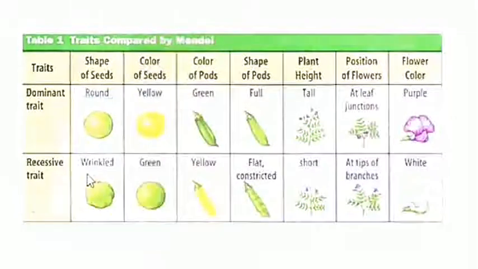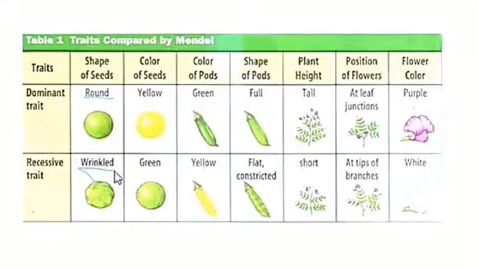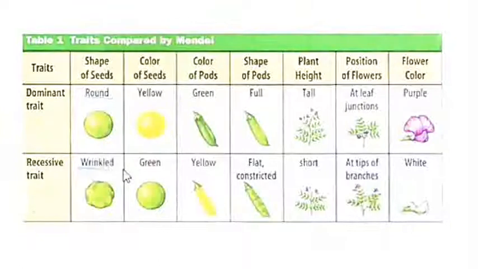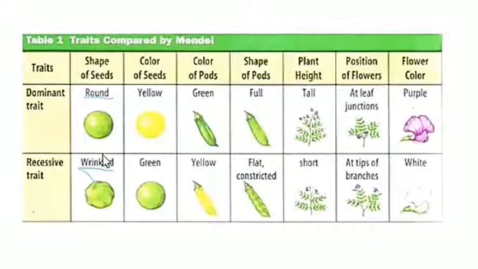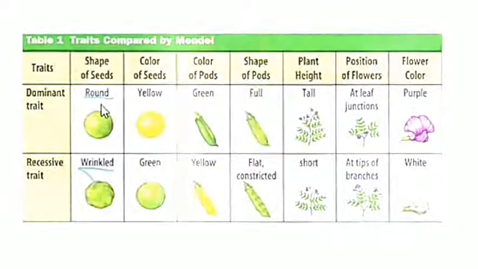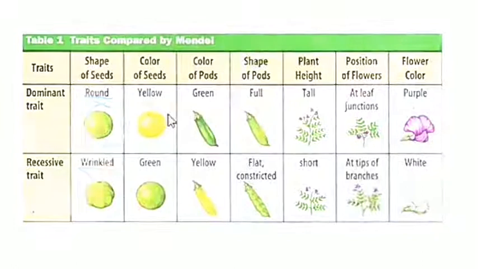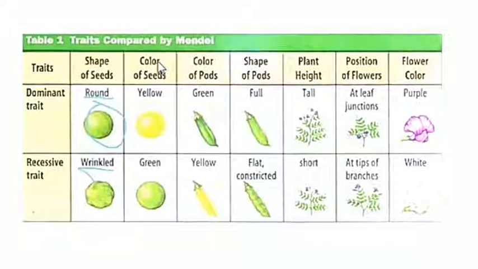Looking at the seed shape, the round seed trait is dominant over the wrinkled trait. So when he crossed pea plants with round seed with pea plants with wrinkled seed, in the F1 generation he obtained plants which all have round seed, showing that the round seed is dominant over the wrinkled seed.